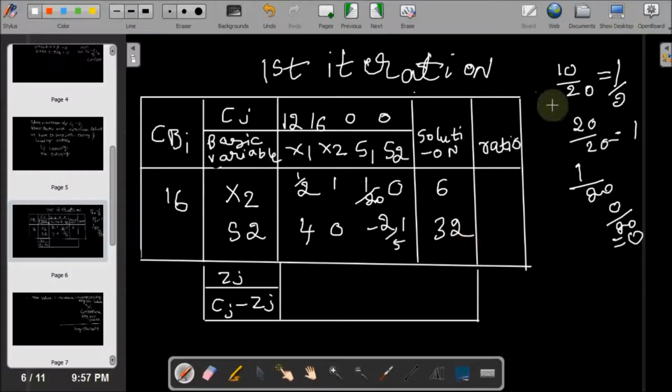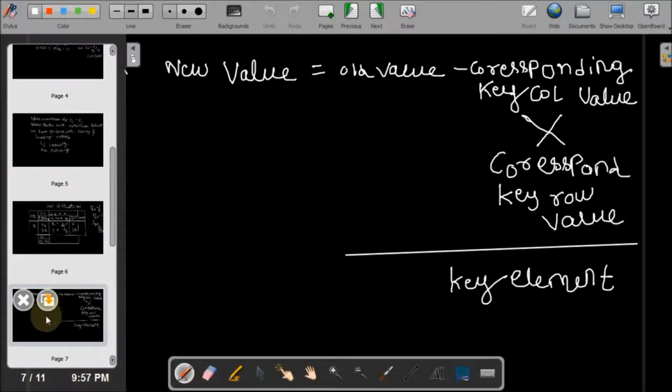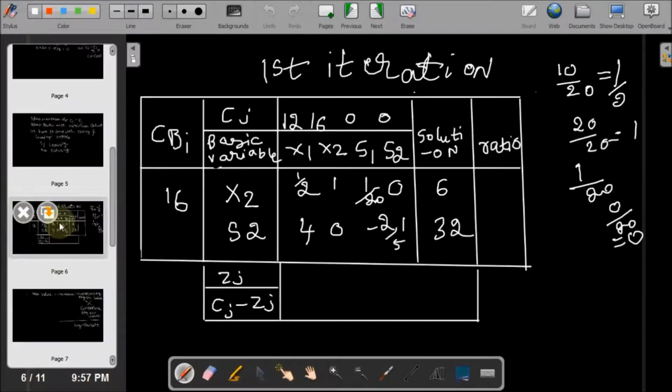Getting? I found out the new values for S2. Now see, Zj. The Zj formula I told you. For the S2 value here, cost is 0. So now I have to find out the value of Zj.